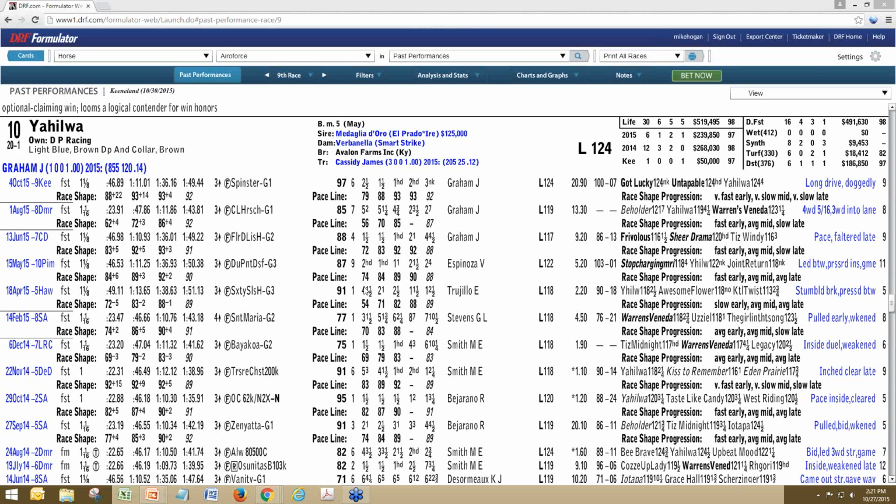So he really didn't want the pace figures on the same exact scale as the Beyer figure. So what happens is the pace figures are calculated initially on the Beyer scale.